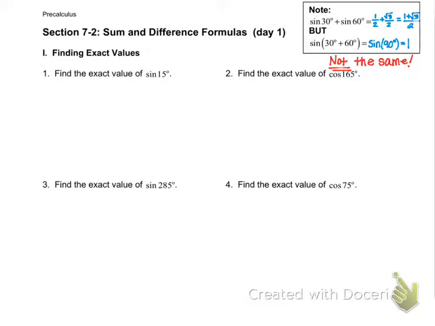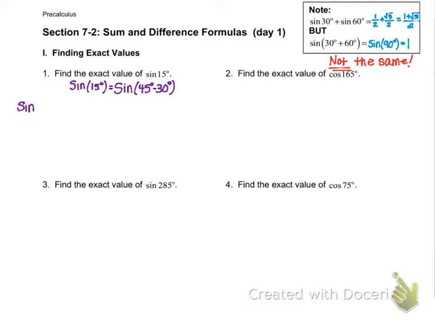So I know that the sine of 15 degrees is also equal to the sine of 45 degrees minus 30 degrees. And the reason why I split it like this is because I'm going to use the difference formula for sine. And this is what it says.